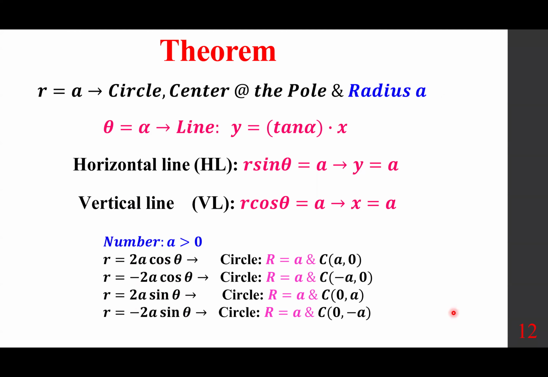Now, positive 2a, in both cases, cut it in half, and the center becomes (a, 0), in this case becomes (0, a). This one (minus a, 0), and this one (0, minus a). In all of those cases, the radius is half of this. If it's negative, remember, radius can't be negative, it is the absolute value.